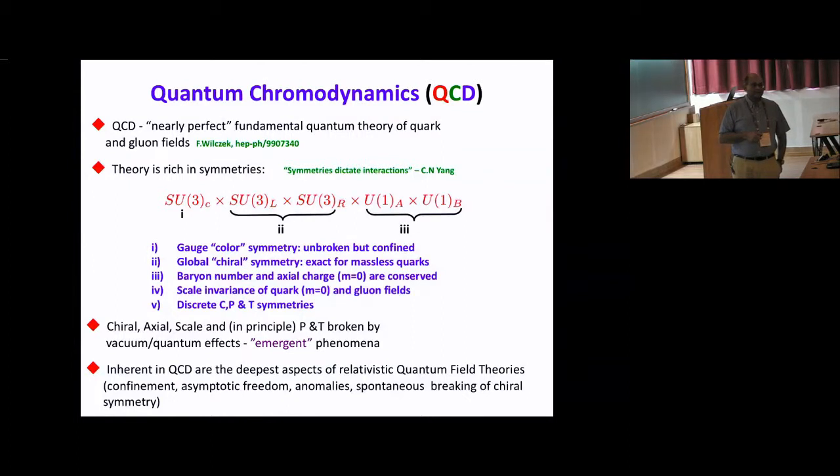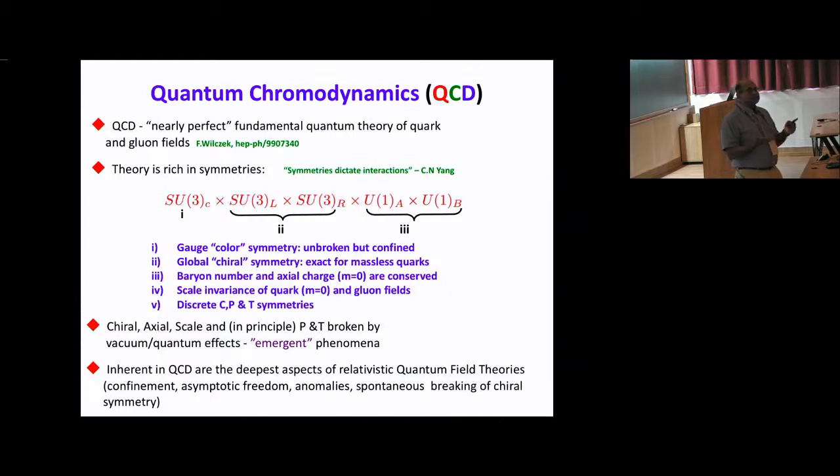Well, so CP turns out to be a good symmetry for QCD, but you can have metastable states in QCD. QCD in principle could have something called a theta term, and that's related to the axion that you might have heard of.